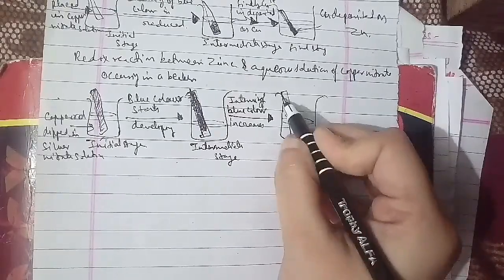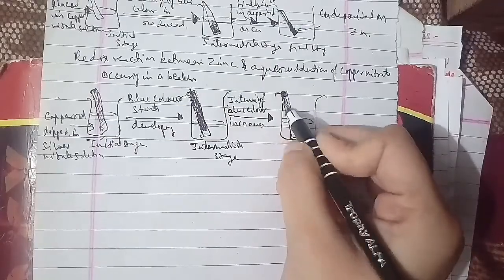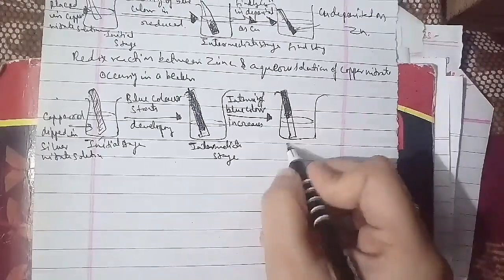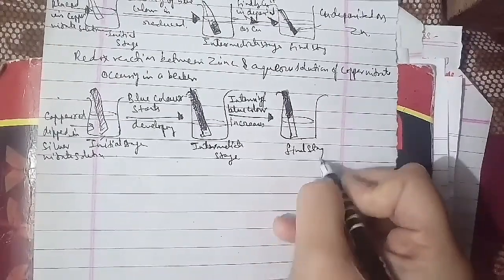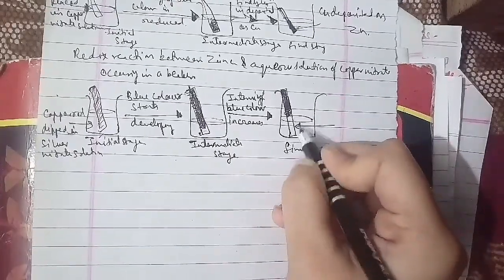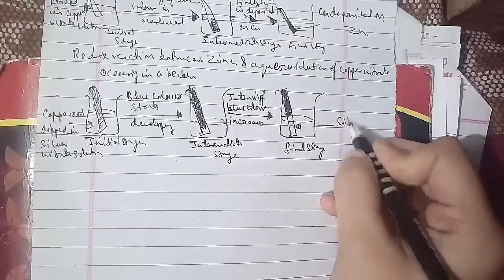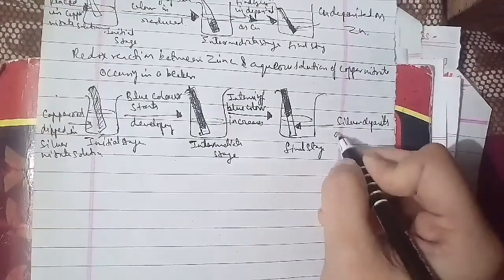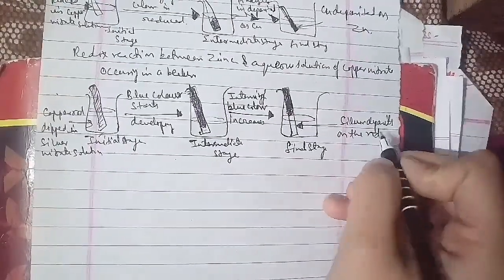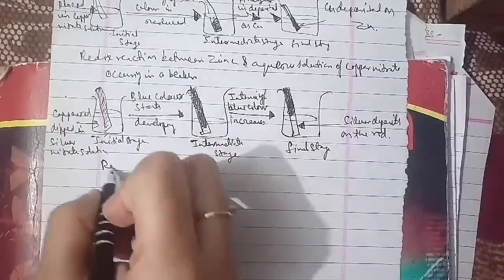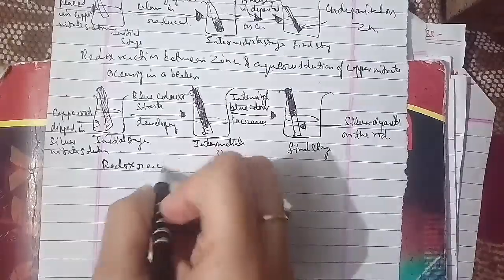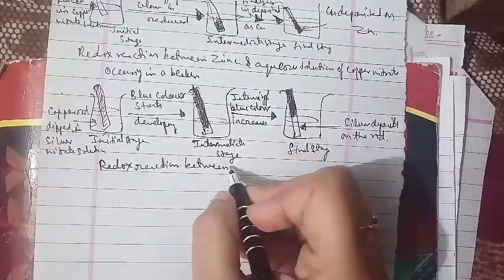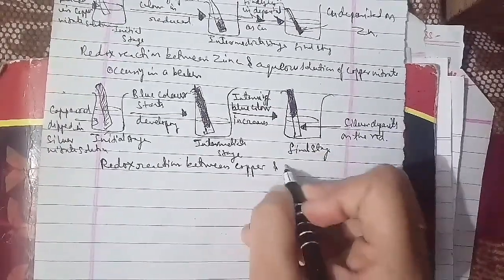Here silver deposits on the rod. So this is the redox reaction between copper and aqueous solution of silver nitrate occurring in a beaker.